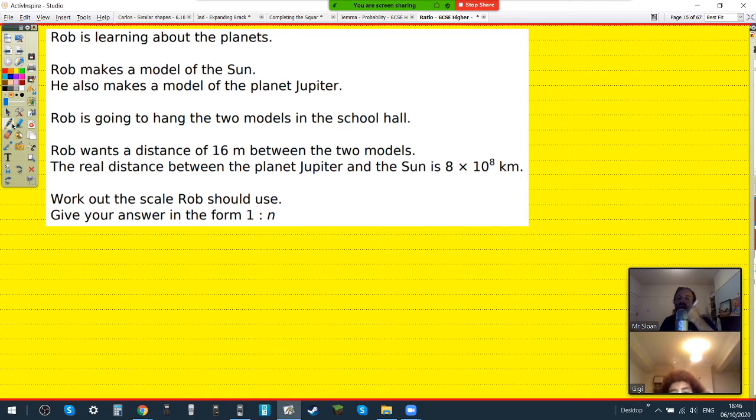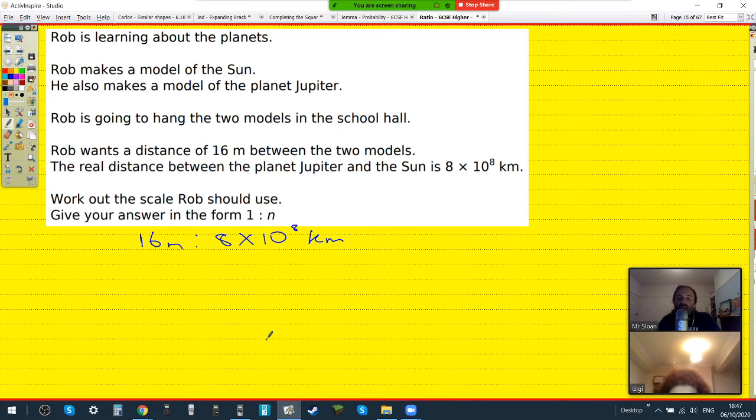Scale should Rob use? How would you do this one? That's very tricky. So it's basically 60 in meters is to 8 times 10 to the 8 kilometers.